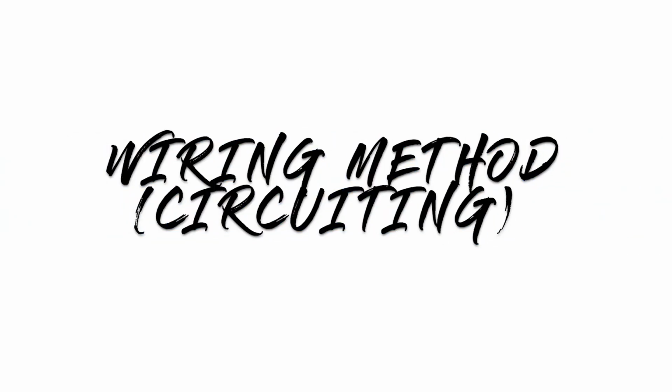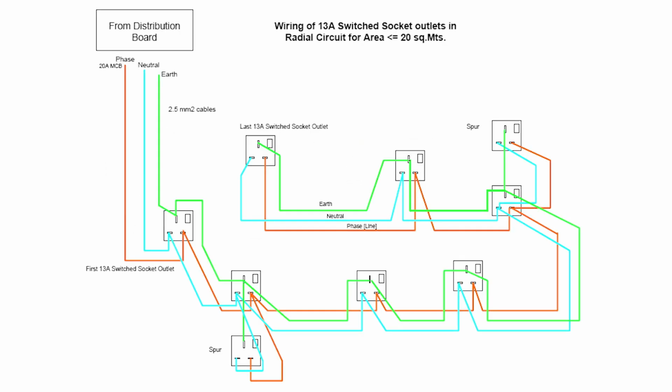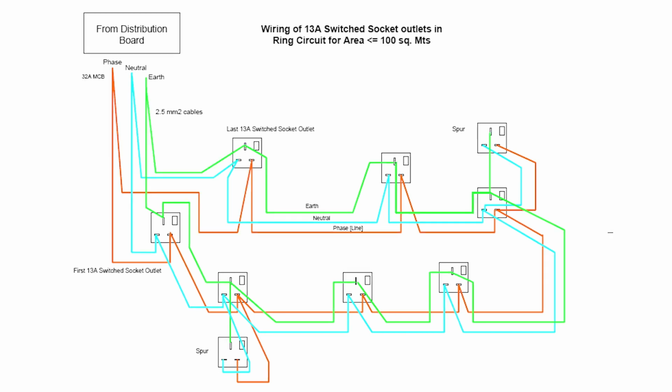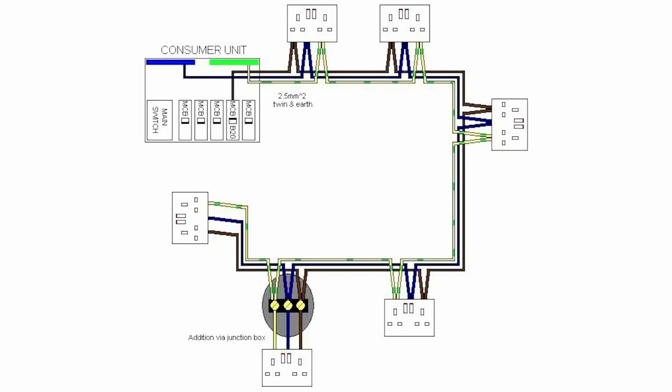We have 2 methods of circuiting any electrical appliances. We have the radial, which is the most commonly used technique, and the ring circuit wiring method. For the radial circuit wiring method, a single cable will transmit the power from one point to another.